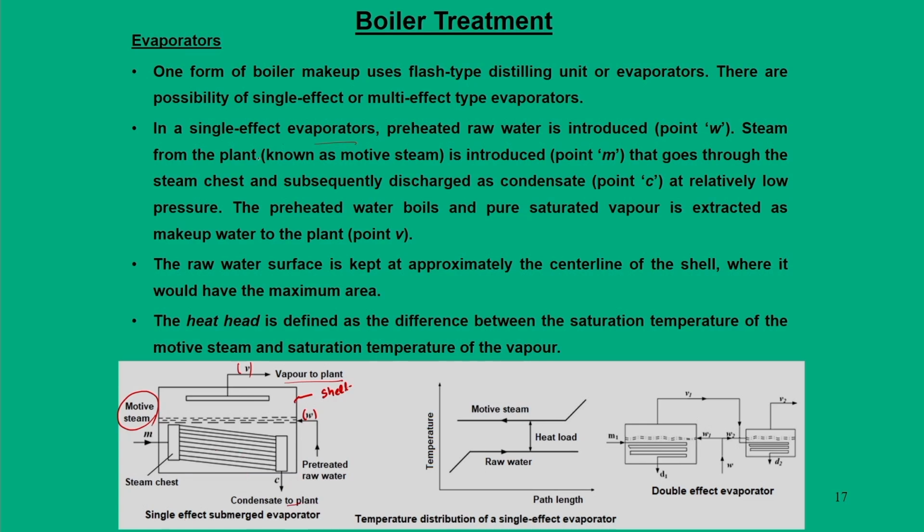This is what we call a single effect evaporator. The concept extends to the double effect evaporator, where the exit from the single evaporator unit goes to a second stage evaporating unit. Another stage does the same thing, and finally the plant receives, instead of V, the vapor V2, which is the vapor to the plant.